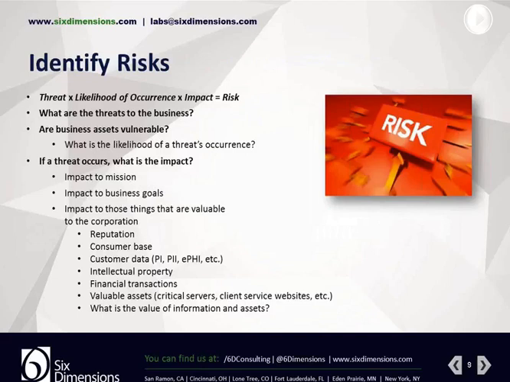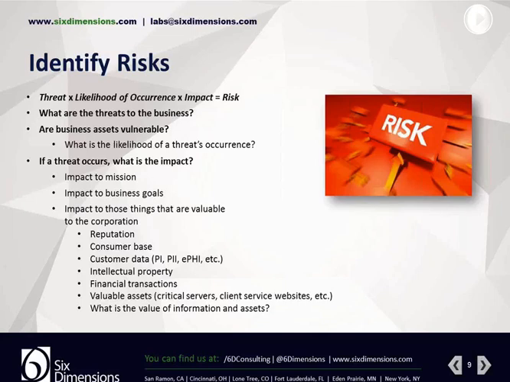Once we identify the risks, or I should say threats, now we need to determine what type of risk is posed to an organization. And we take a look at each threat, and we then determine what the likelihood of occurrence of that threat is. Naturally, the higher the likelihood of occurrence, the more risk is going to be posed to the organization.